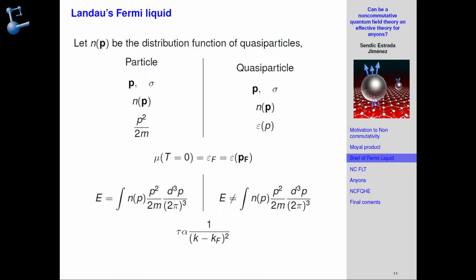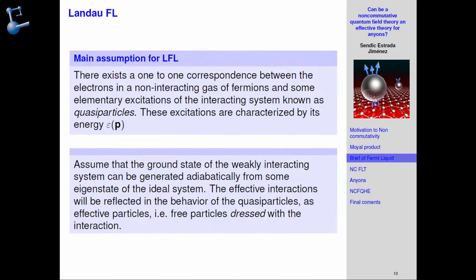We assume that the ground state of the weakly interacting system can be generated adiabatically from some eigenstate of the ideal system. The effective interaction will be reflected in the behavior of the quasi-particles as effective particles, that is, free particles dressed with the interaction. This is the picture.